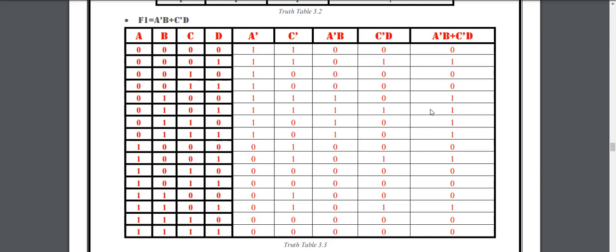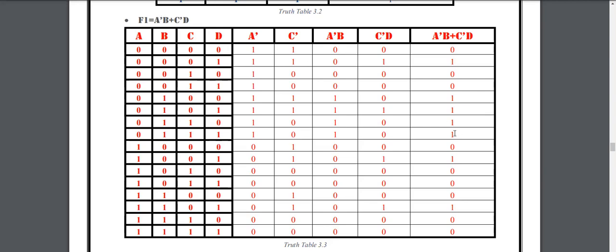If we analyze all the ones at the output, for example this one comes because of this C being 0 and D being 1. When C is 0, its complement value gives 1, and the D 1 gives out a total of 1 from this expression, regardless of what the values of A and B are.